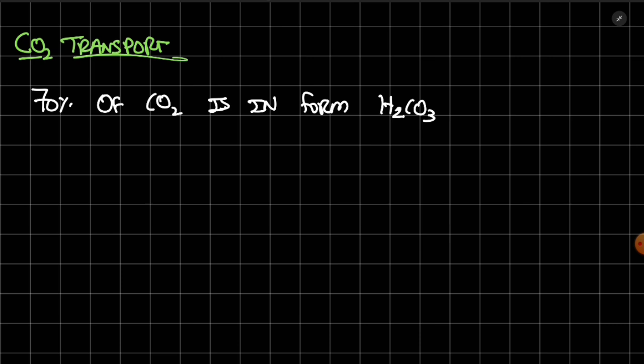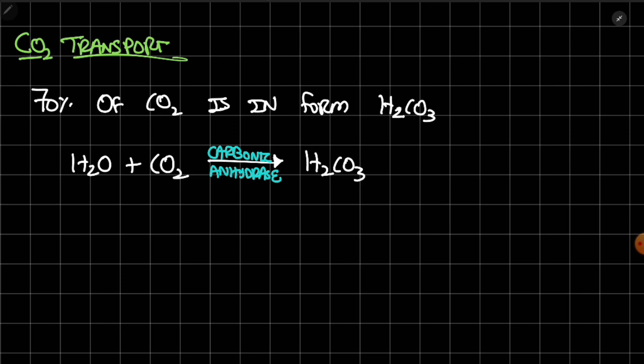Then what is this reaction? H2O reacts with CO2, which is a byproduct of metabolic processes. H2O plus CO2, in the presence of the enzyme carbonic anhydrase, gives H2CO3.